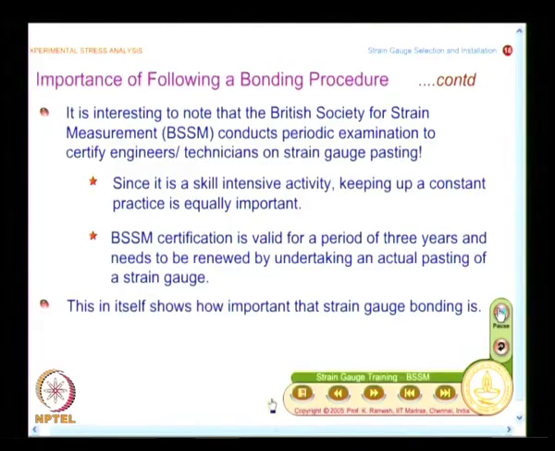The very fact that a professional society conducts an examination indicates how important the strain gauge bonding procedure is. You should also note that it is a skill intensive activity, and any activity that involves skill, you need to keep doing it. So, keeping up constant practice is equally important.